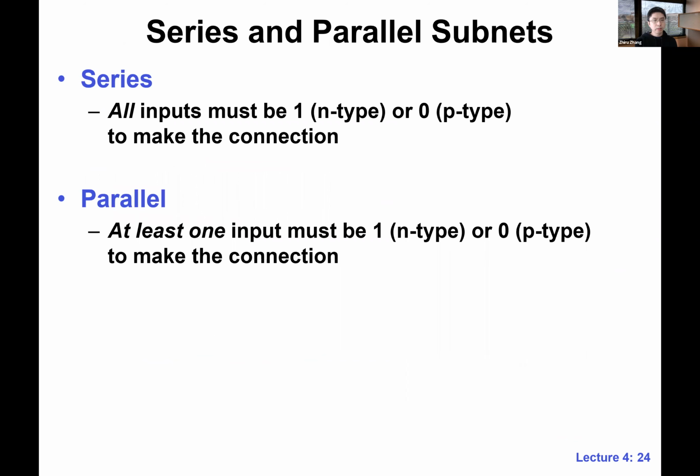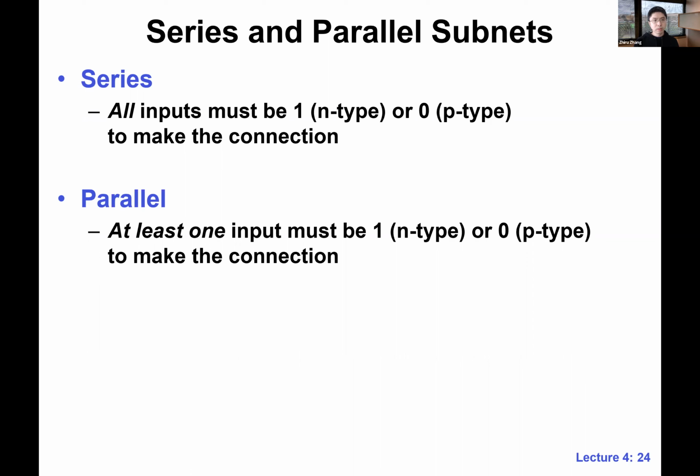All right, so first, let's take a closer look at some of these definitions. By series subnet, regardless of whether it's an NMOS or PMOS network, when it's combined in series, to make sure this thing conducts, to have a flow, all inputs must make the connections.